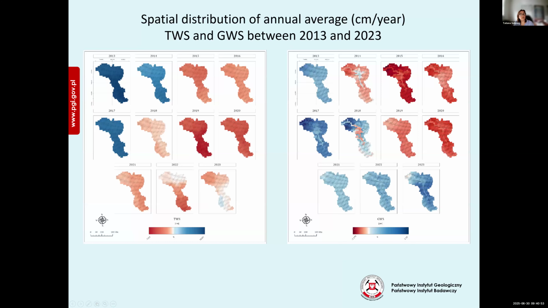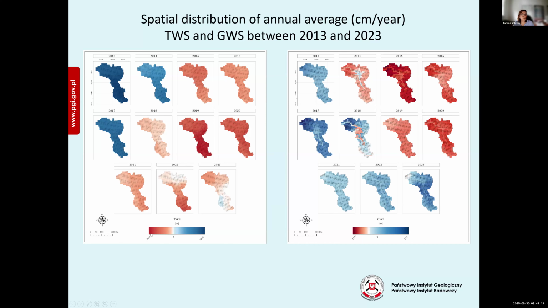The comparison of annual average total water storage and groundwater storage clearly shows differences in values, spatial distribution, and temporal trends.